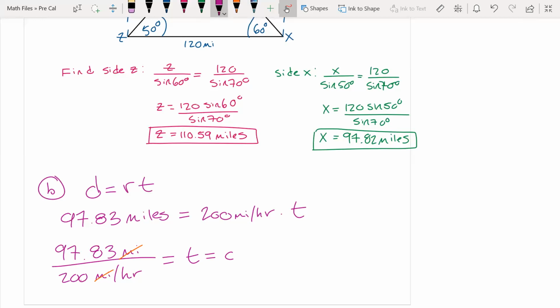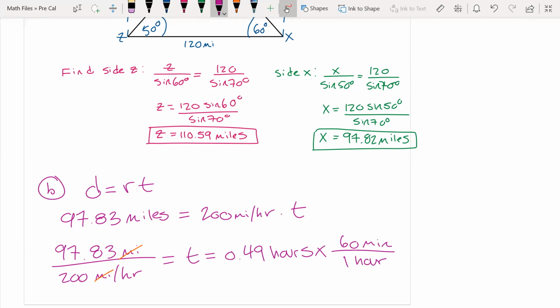That's 0.49 hours. You could probably just convert it to minutes, right? So we could say half an hour, but if you want to convert it to minutes, you know that there are 60 minutes in 1 hour.